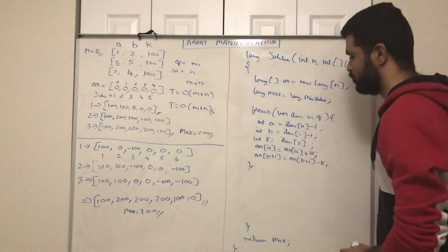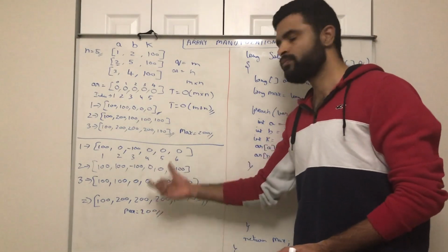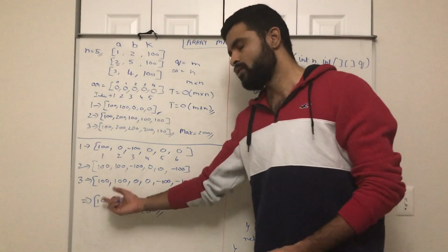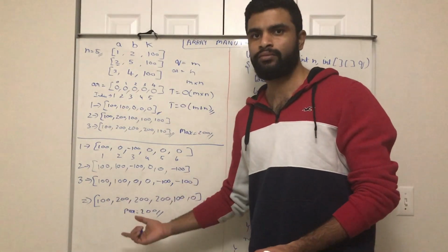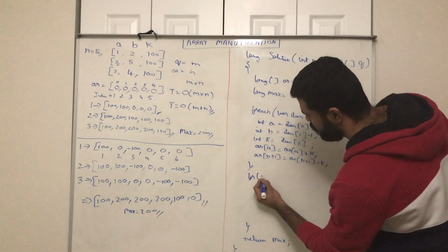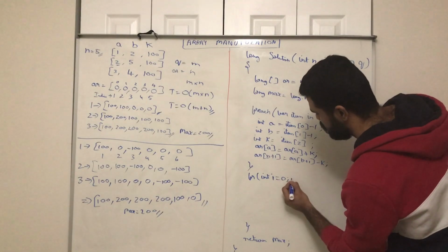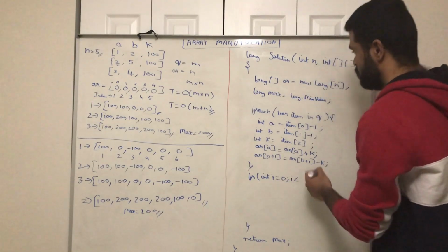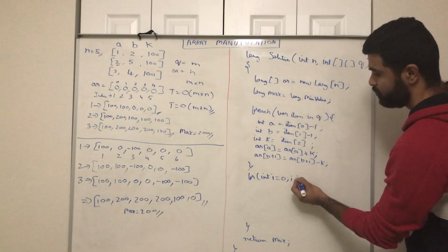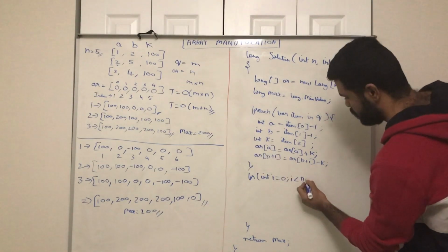I'll close the for each loop, and now once I'm done with this, I will apply the prefix sum algorithm to the resulting array. So for that I will use a for loop for int i equal to 0, i less than n plus 1.